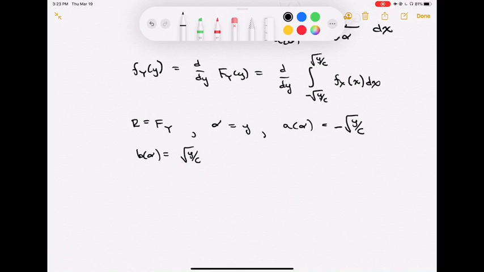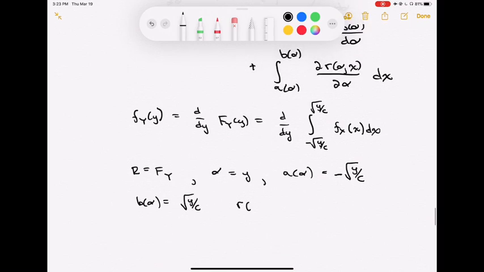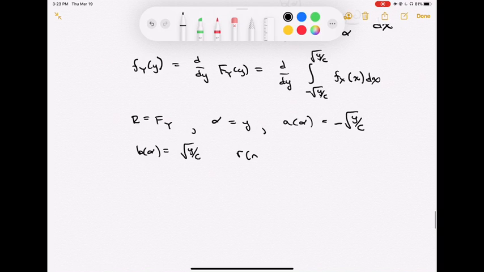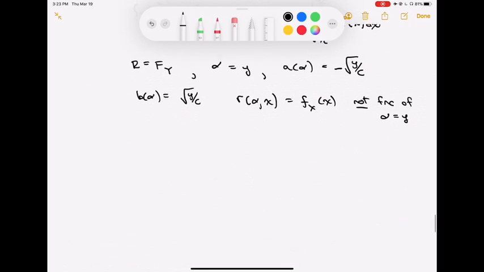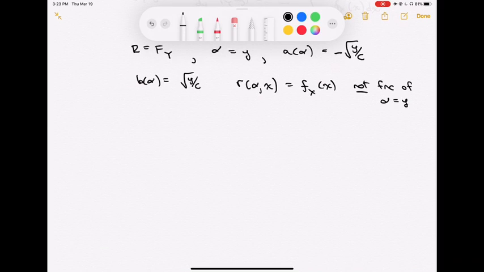We also have the integrand. We called that r of alpha comma x. In our particular case, this is going to be fx of x, which is not a function of the parameter alpha equaling y. So we will need to use that particular restriction on our case. It'll simplify our results. So now I just need to plug these guys in there.